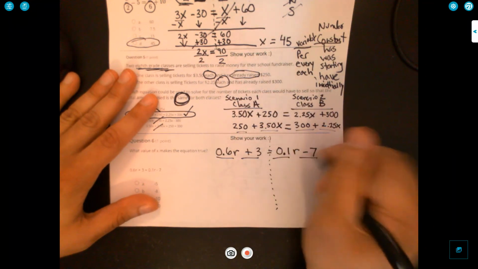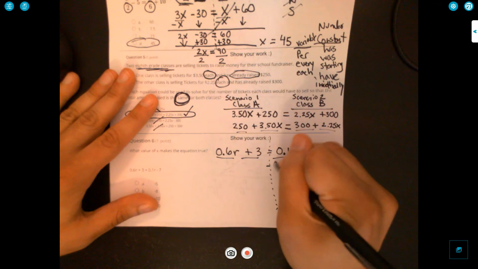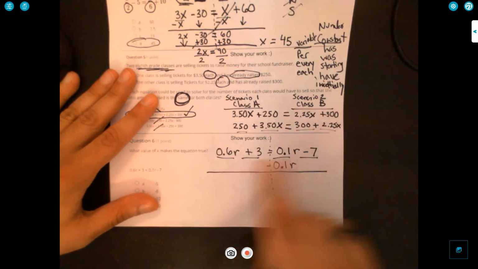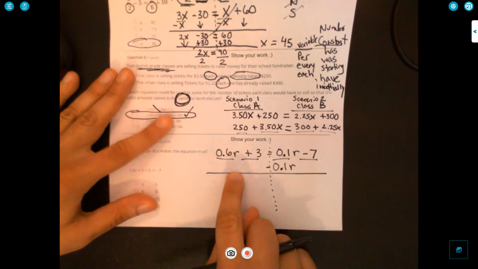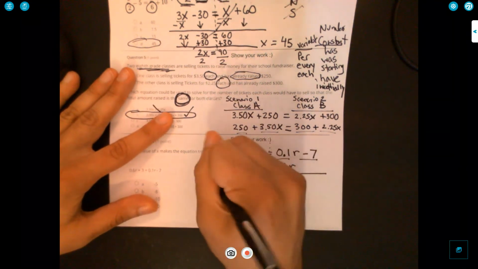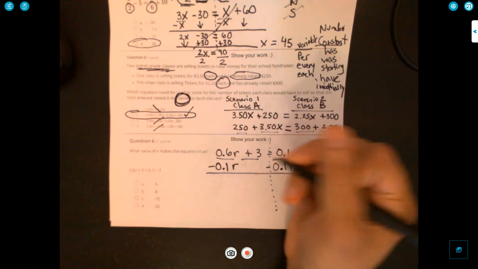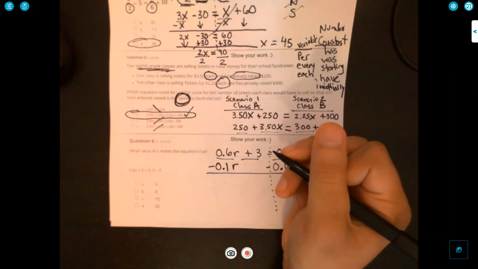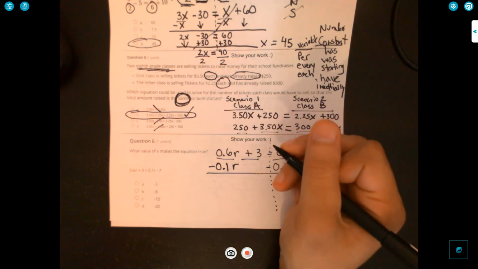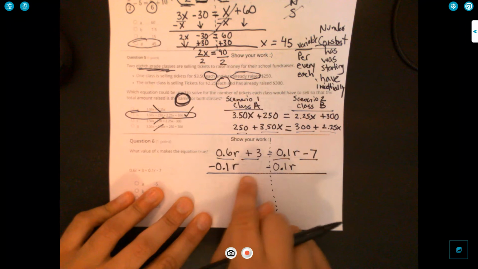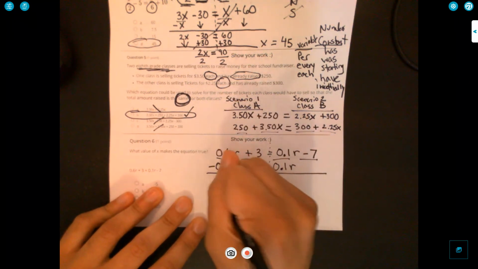So we got 0.1r, so I'm going to say minus 0.1r. And if I do it on this side, I have to do it to the same variable on this side. So minus 0.1r. All right, let me pull my calculator up so we can be sure of ourselves. So 0.6r minus 0.1r, we should get 0.5r.